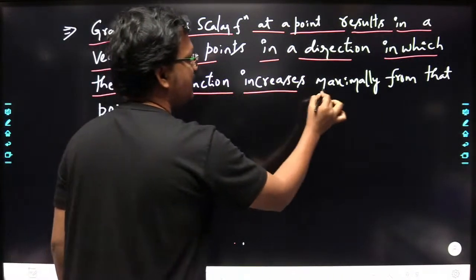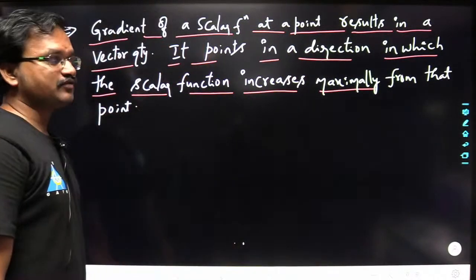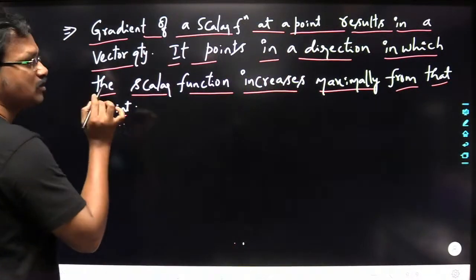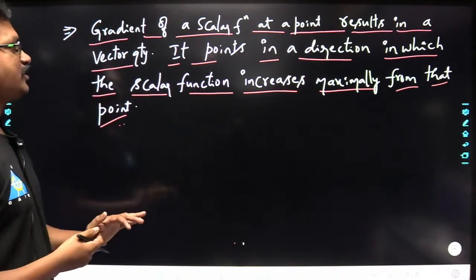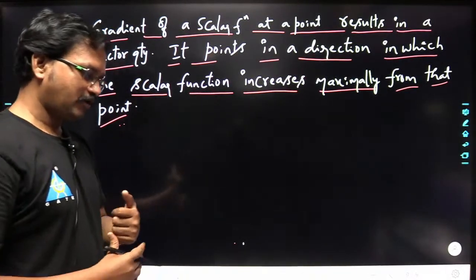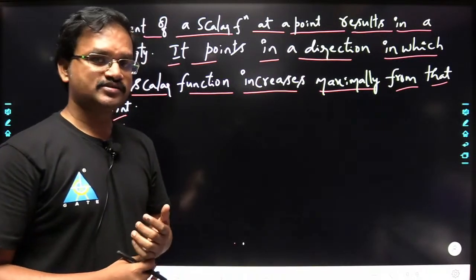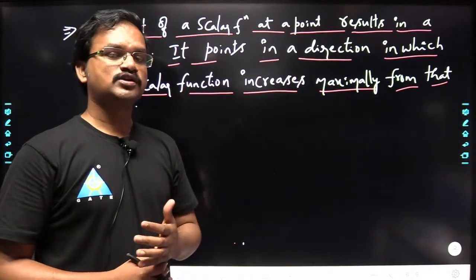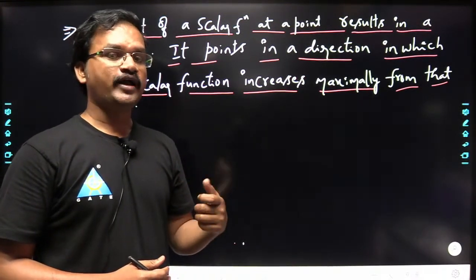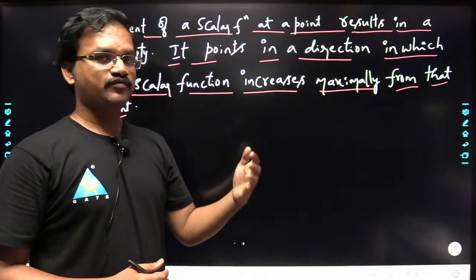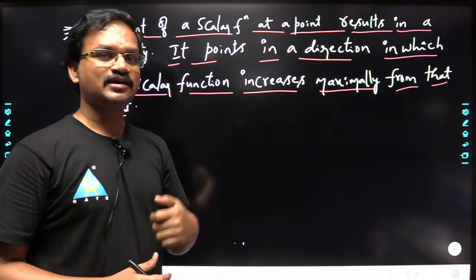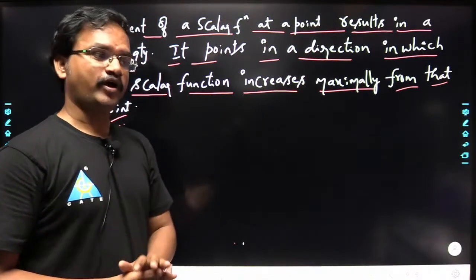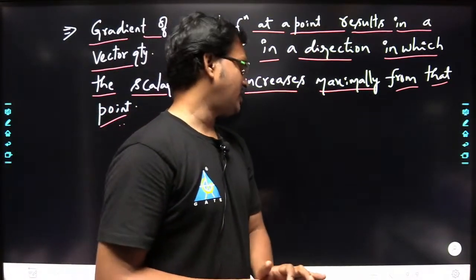Whenever you try to determine the gradient of a scalar function, it is going to result in a vector quantity, and that vector quantity is going to point in a direction in which that scalar function is increasing maximally from that point. This is the meaning of gradient here.